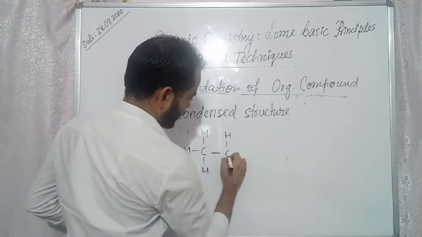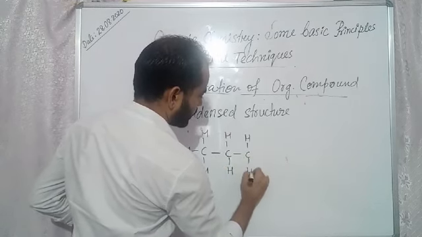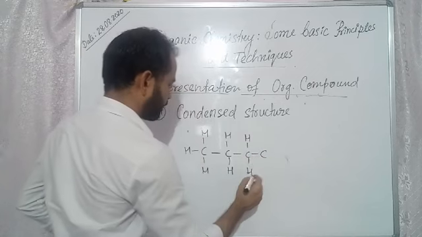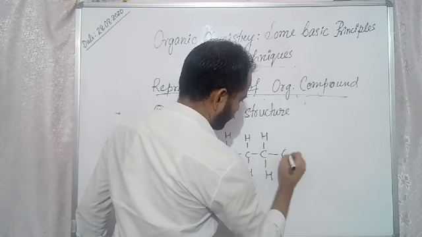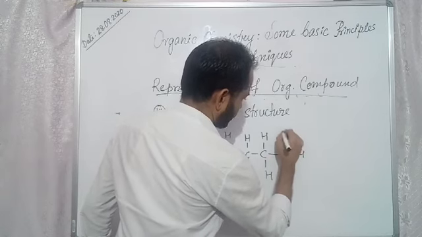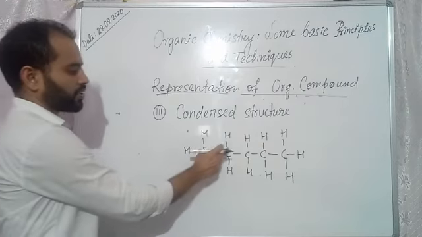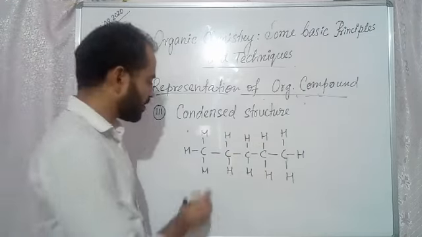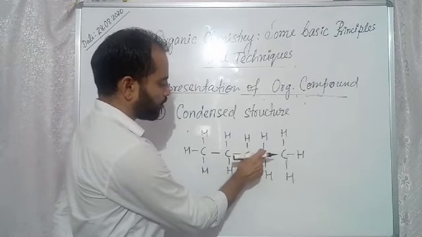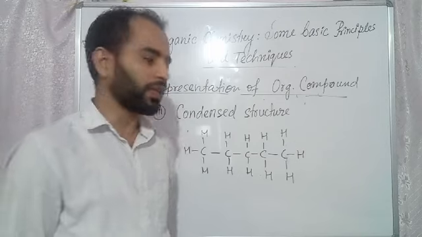CH3, CH2, CH2, CH2, CH3. How many carbons are there? 1, 2, 3, 4, 5. So it is an example of the pentane molecule.